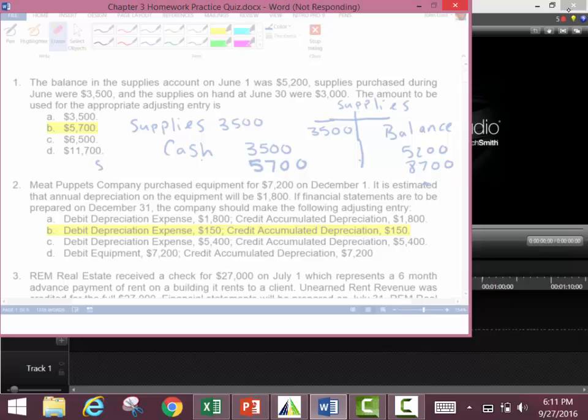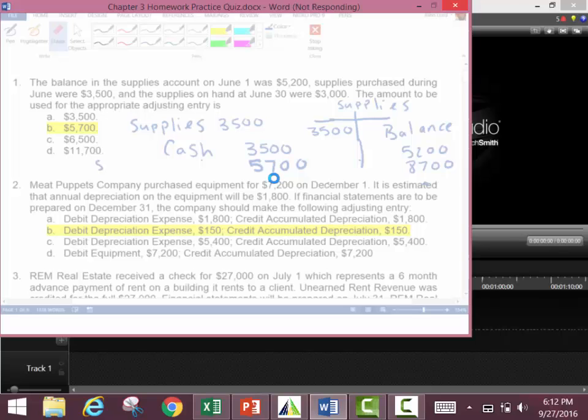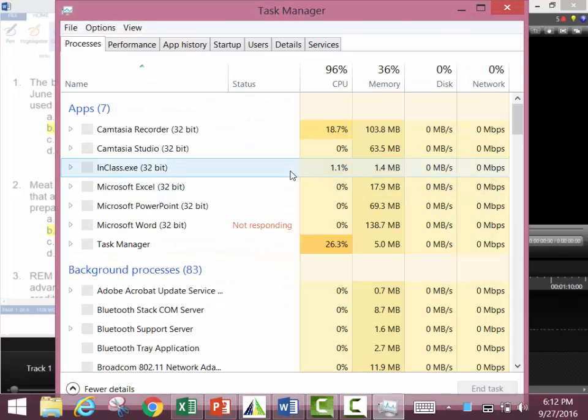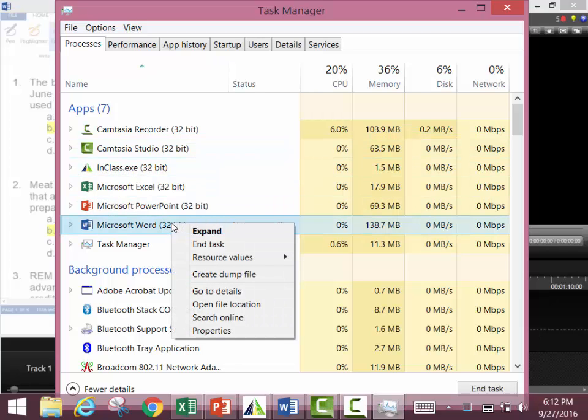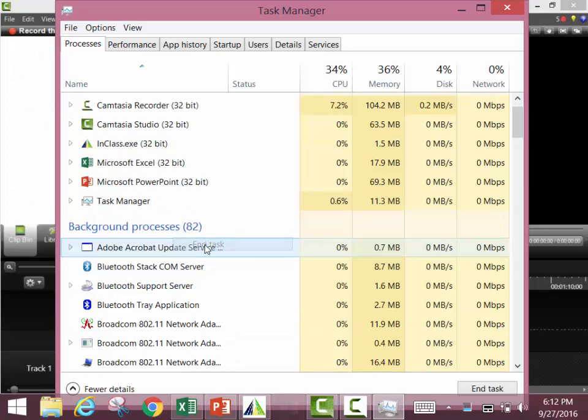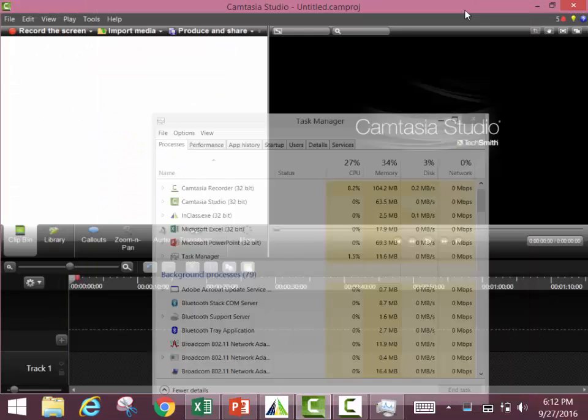Let's see if we get this thing. That's all right. Don't worry. I thought the board might have been a little easier. Yeah. The problem is that then people can't come back and watch to see how we did it. Task Manager. Where's Microsoft Word? No kidding, it's not responding. End task. Okay.